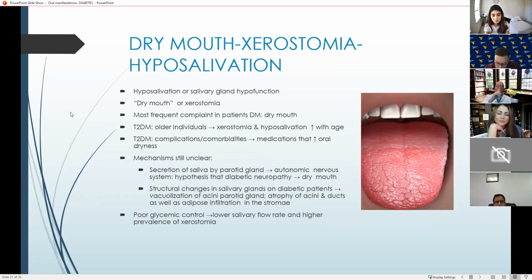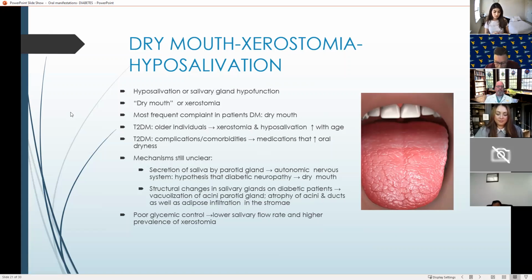There are few studies that actually observe structural changes in the salivary glands of patients with diabetes, in particular in the parotid glands. Vacuolization of acini in the parotid gland has been observed, which indicated an early form of degeneration. Another study showed atrophy of the acini and ducts and adipose infiltration in the stroma of the gland.